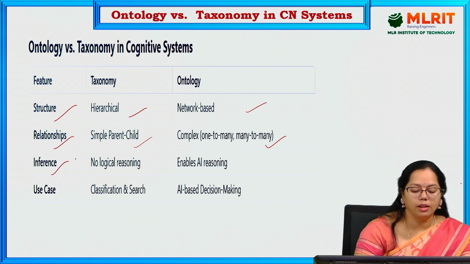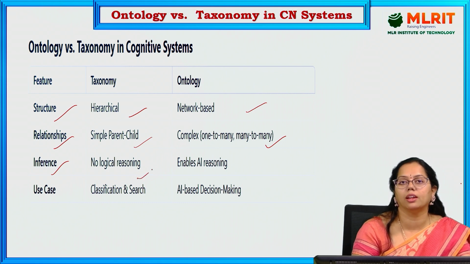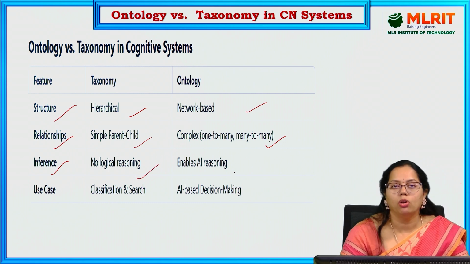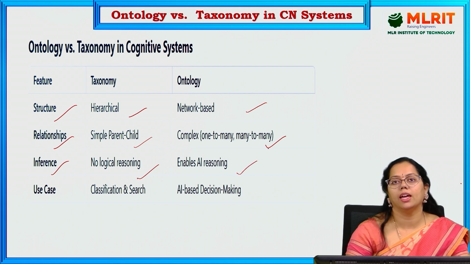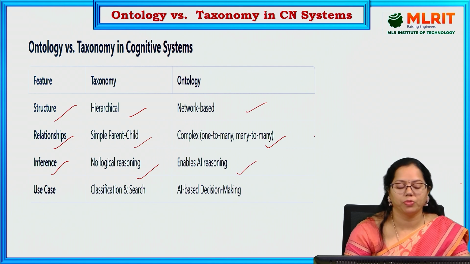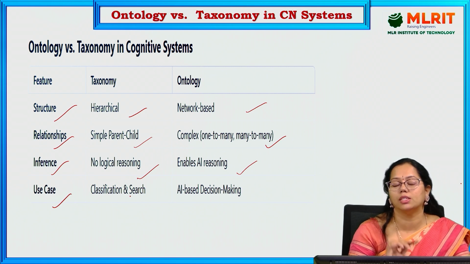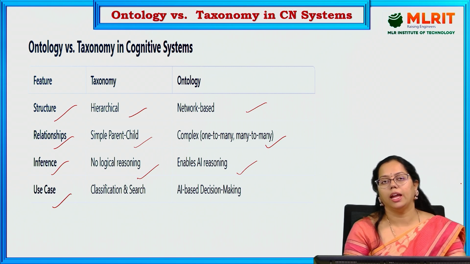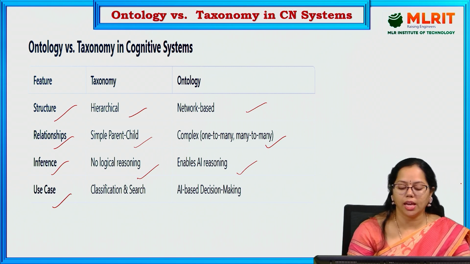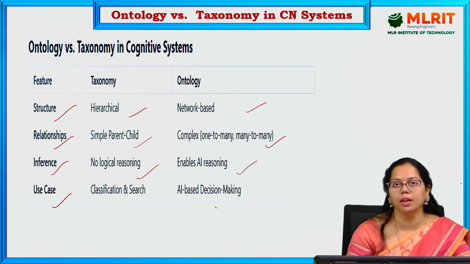In terms of inference, taxonomy has no logical reasoning, but ontology enables AI reasoning. The use cases: classification and search in taxonomy, but in AI-based decision making, ontology plays a major role.